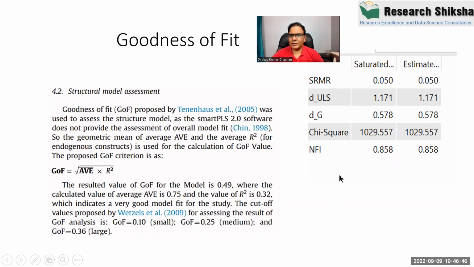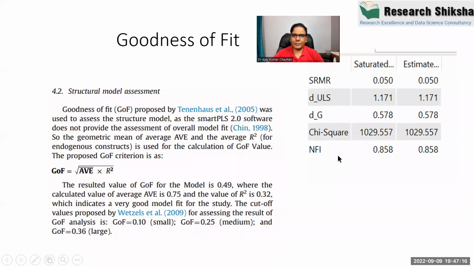Even in some books, it is mentioned that SRMR less than 0.05 and NFI greater than 0.9, but these are very strict criteria. In general, even if you have NFI more than 0.8 and SRMR less than 0.08, it is fine.